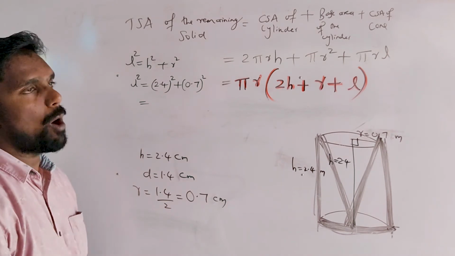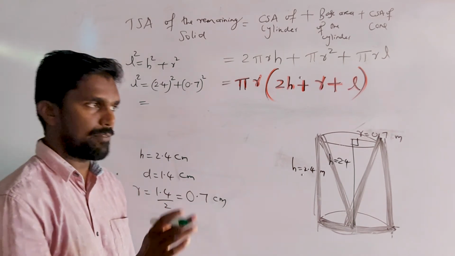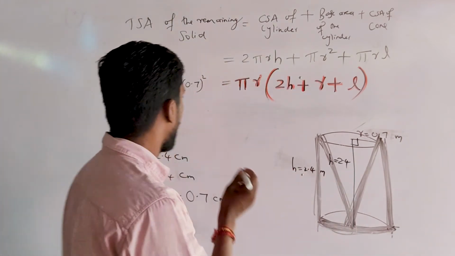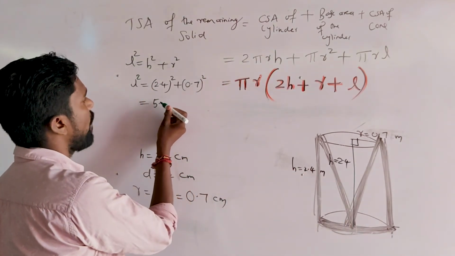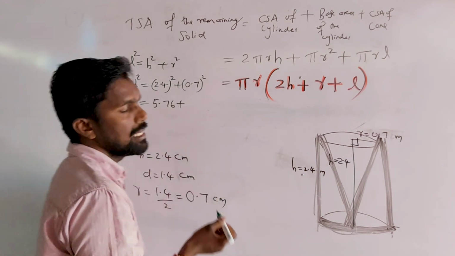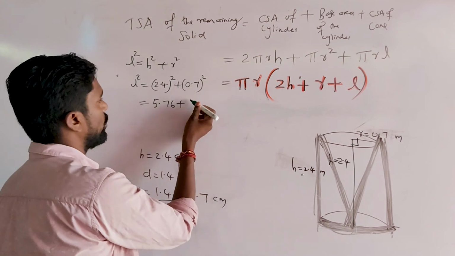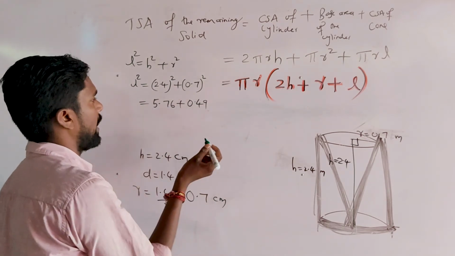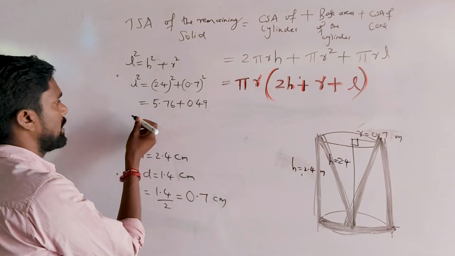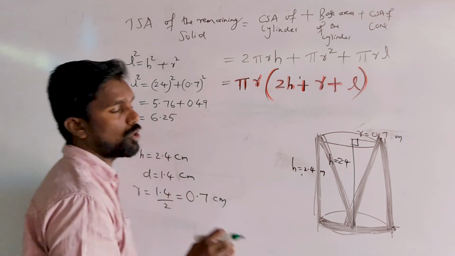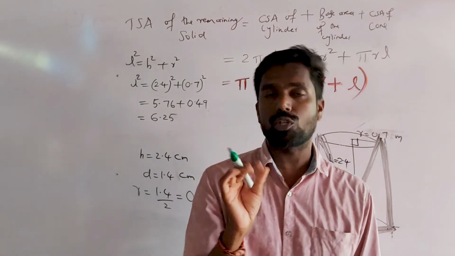2.4 whole square, everybody knows, 24 into 24 is 576, so 2.4 whole square is 5.76. 7 into 7 is 49, but 0.7 into 0.7 is 0.49. That is equal to 6.25. So l square is 6.25.